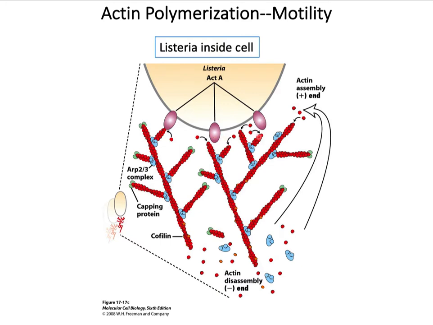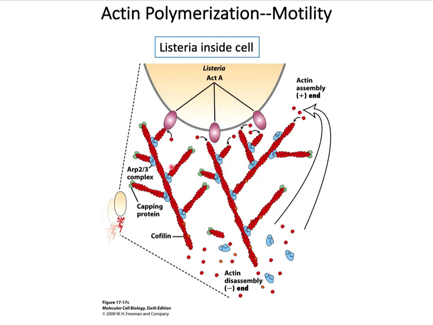Remember, a few slides back I told you that the ARP2/3 complex had to bind to the nucleation promoting factor, NPF, for its conformation change, and once the conformation is changed, it can bind to the side of the actin filaments. Well, as it turns out, ActA will activate the ARP2/3 complex, and in doing so, a lot of ARP2/3 binding to actin filaments in the region around the bacterium in the cell will happen.